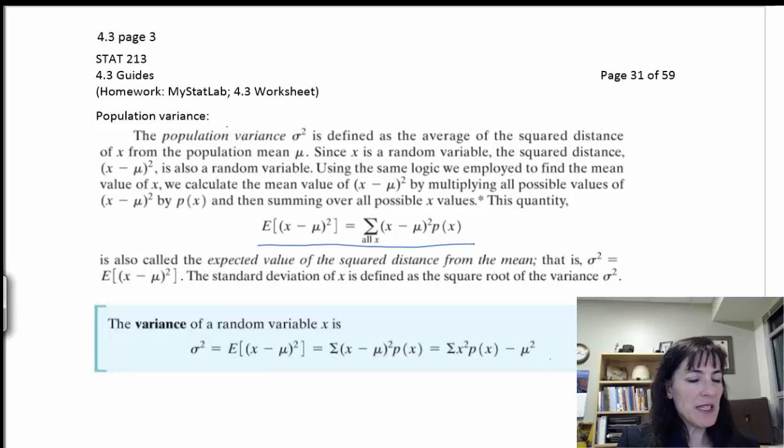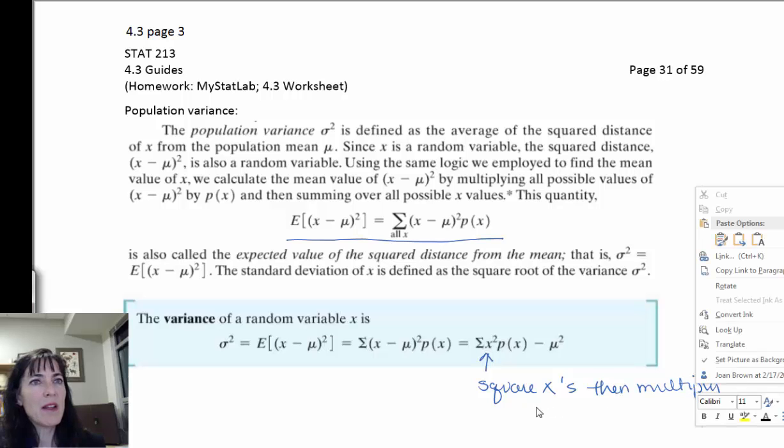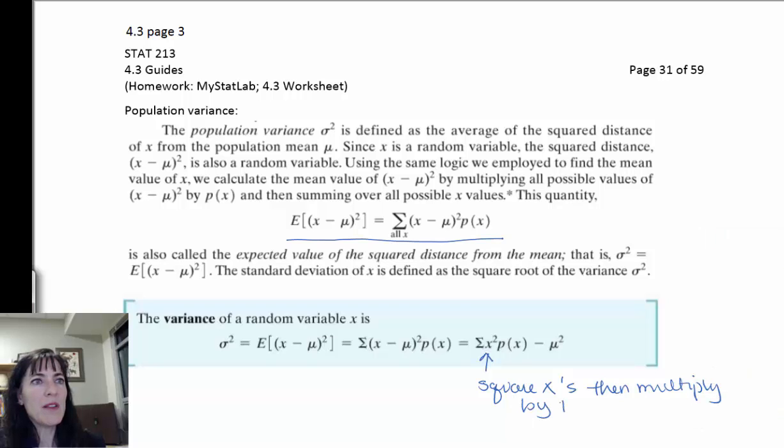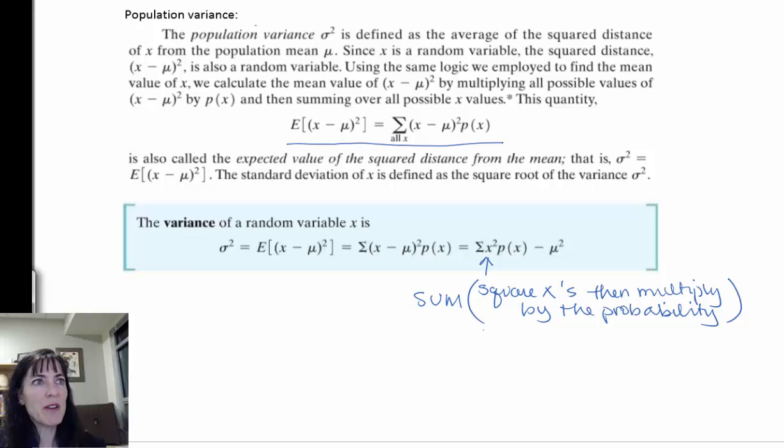And we find it by taking this. We find all the x squareds, square the x's, then multiply by the probability, then we're going to sum that whole thing, and then finally we're going to subtract off mu squared.